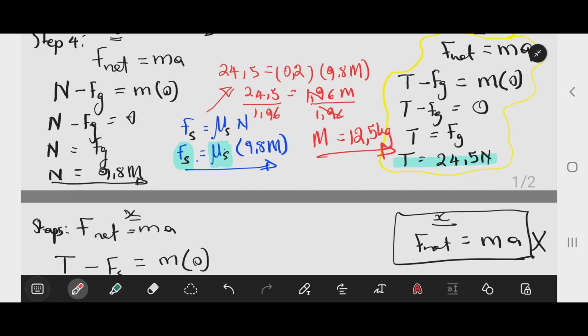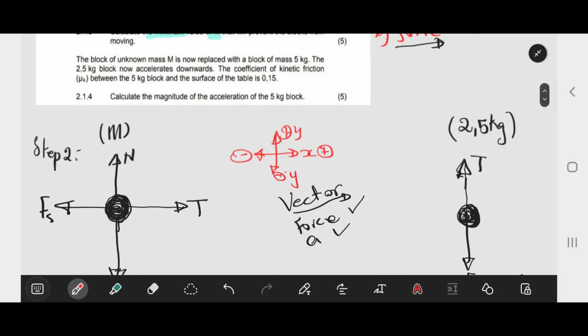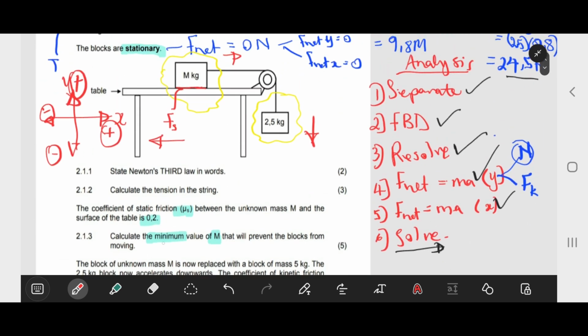Okay, so why do they say minimum? They say calculate the minimum value of mass m that will prevent the blocks from moving. So this is the minimum. We have found that the minimum is 12.5 kg. So if you put any mass which is greater than 12.5, these objects will not move. For example, if you put 20 kg for that block, the object will not move.